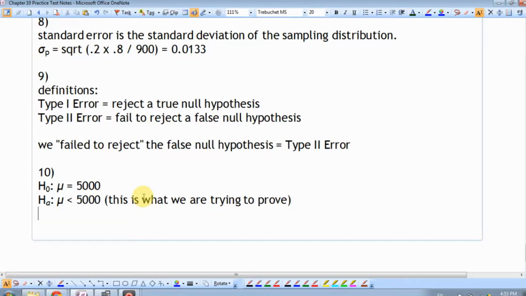The null hypothesis is always equal. These two numbers, 5,000 and 5,000, are always going to be the same. And then HA is gonna be less than or greater than. Yeah.